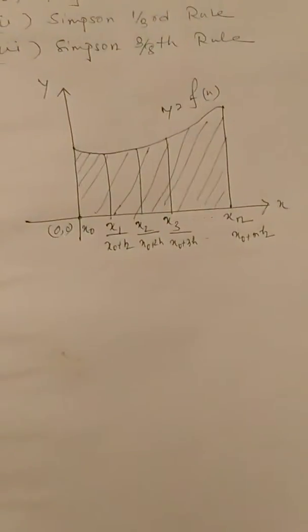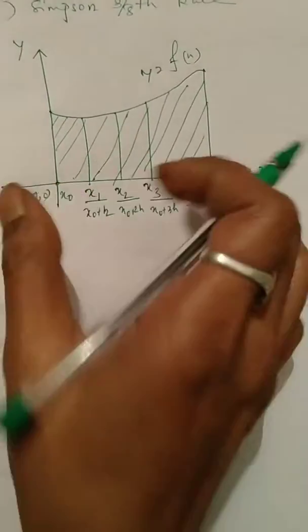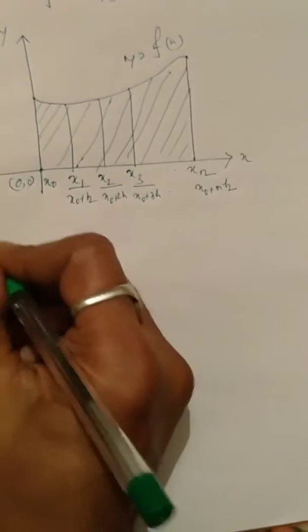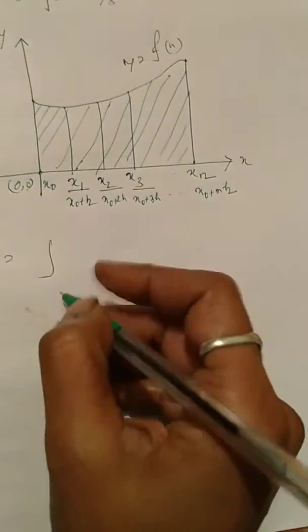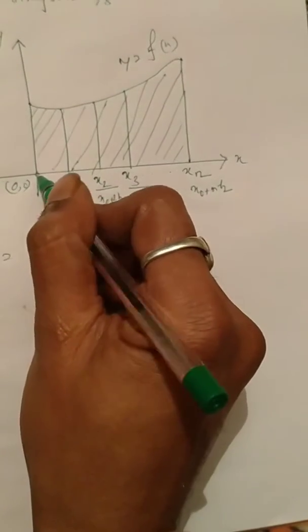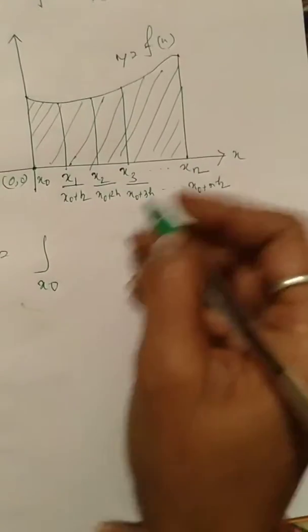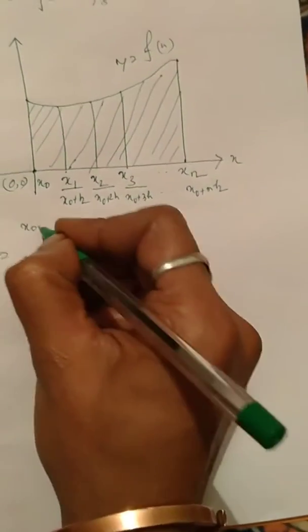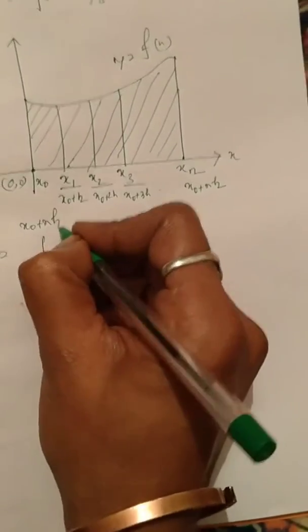Now we have to integrate this part. What is the starting point? The coordinate is x0, and the end point is x0 plus nh.